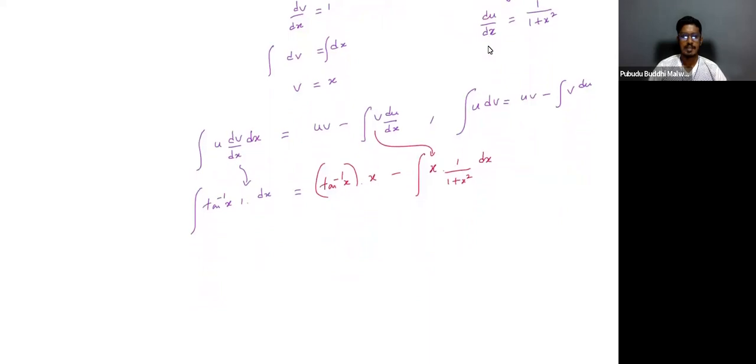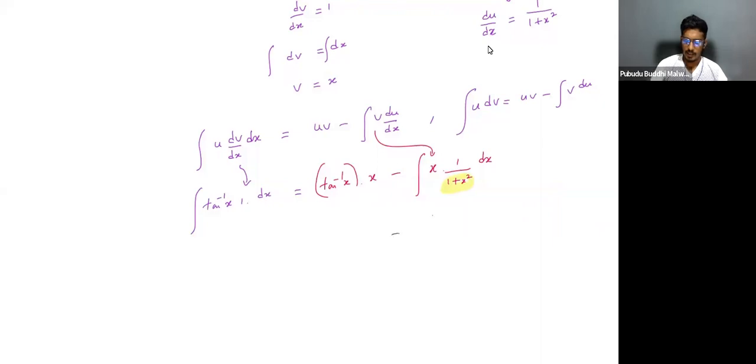Then we can easily integrate that function. It's quite easy because we have x in the numerator. So I'm happy to create the derivative of the denominator in the numerator. That is 2x. The derivative of 1 plus x squared is 2x. So let's create that.